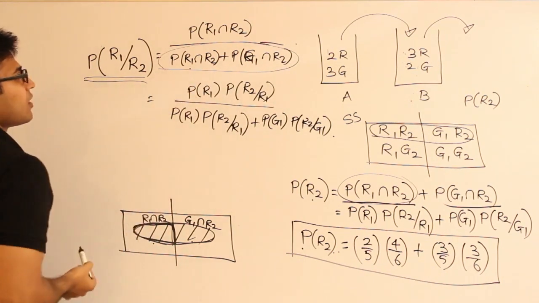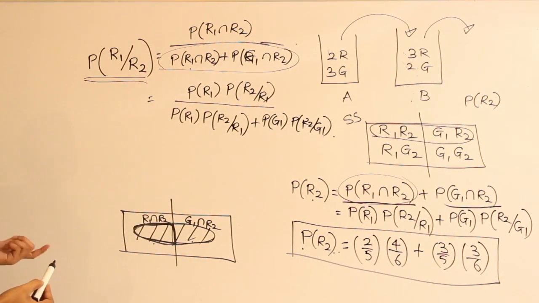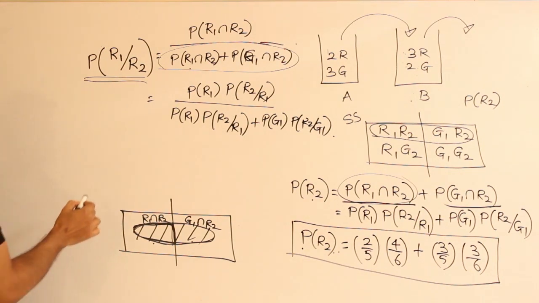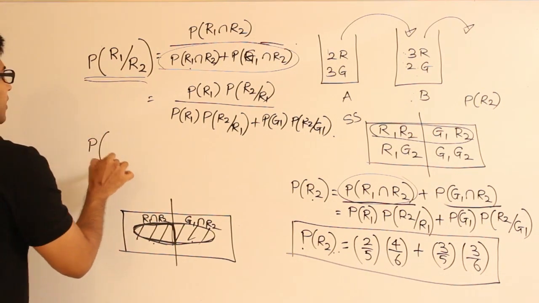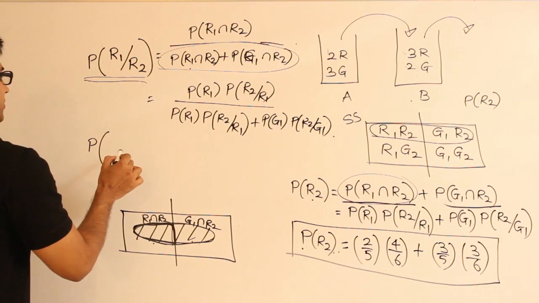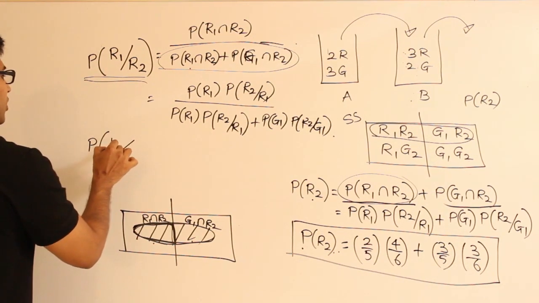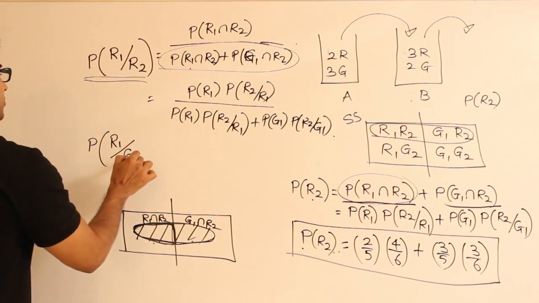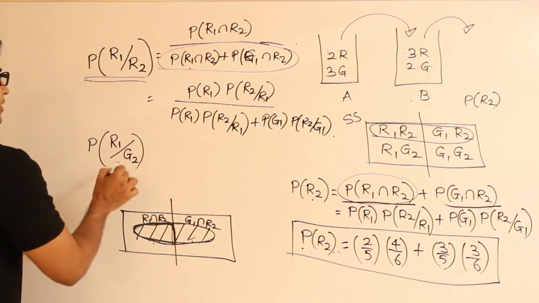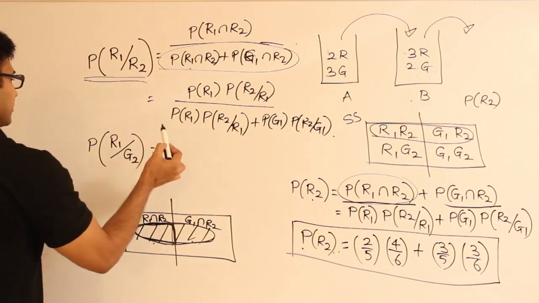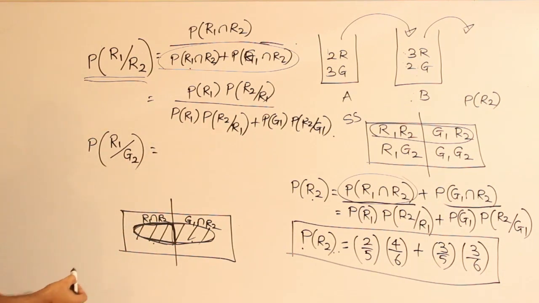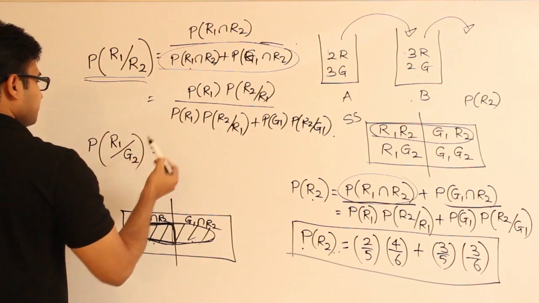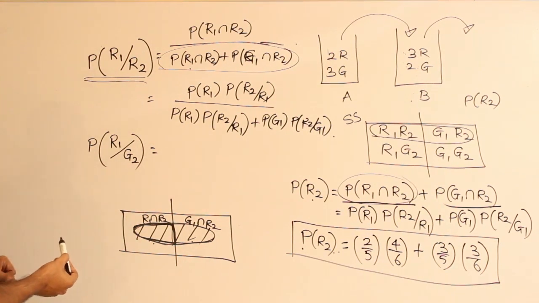So one thing you should observe is what should be in the denominator. That depends on what is the event they are talking about. Let us assume that the question is, what is the probability of getting a red ball in the first draw given that we got a green ball from the second one? Then, one other way of writing it, I'll just tell you one more way.